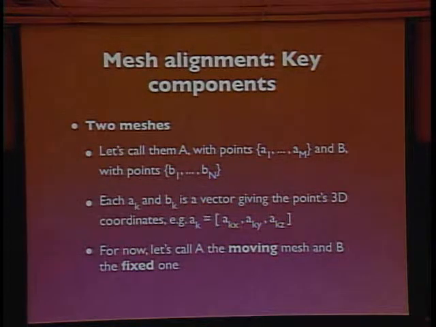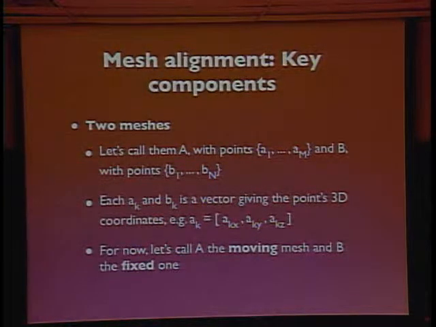By the way, anytime you see the word mesh, it's synonymous with the word surface, at least in my usage. Usually what happens is that you collect data off of a scanner. The form that it comes in is a set of three-dimensional surface coordinates, XYZ, XYZ, XYZ, and these are connected to each other by edges to form a discrete representation of a surface.